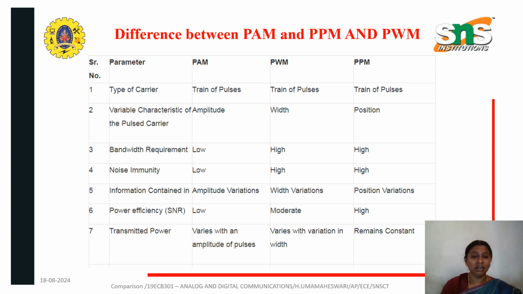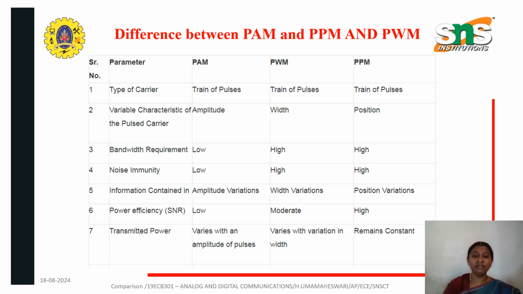The bandwidth requirements are low, high and high. Noise is also low, high and high. The information contained is: amplitude varies in PAM, width varies in PWM, position varies in PPM. The power efficiency, that is signal to noise ratio, is low, moderate and high.